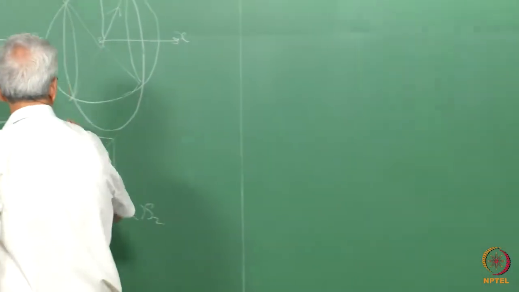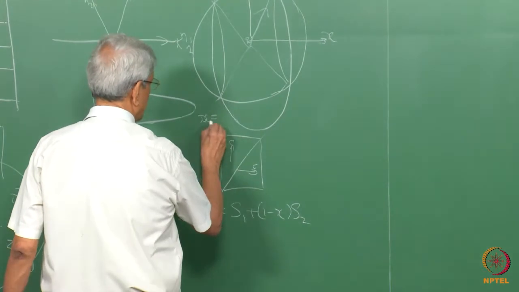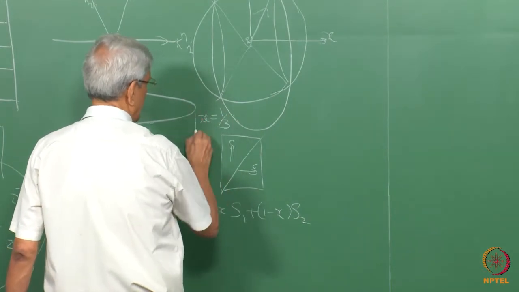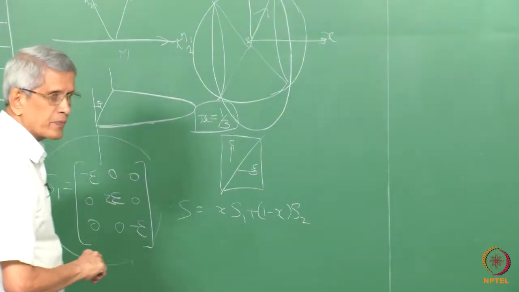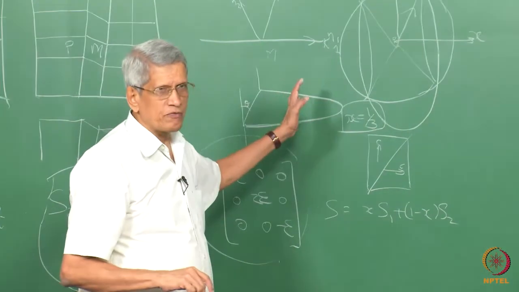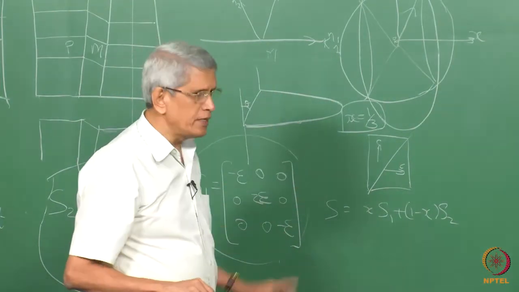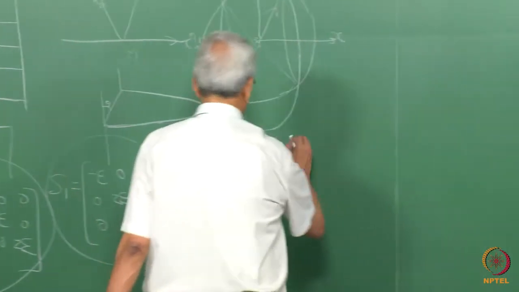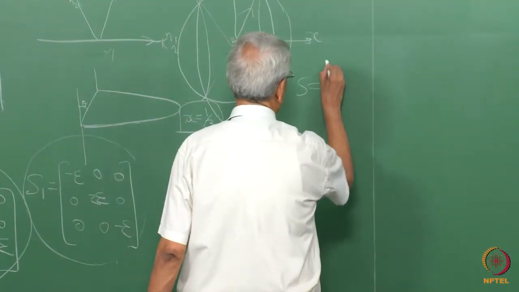For a value of x equals 1/3, if we choose this fraction of the twin variant, then this S matrix becomes the desired form.